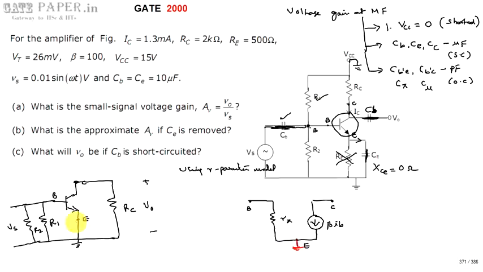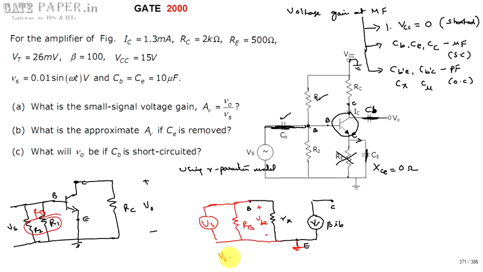Next, the base is connected with R1 and R2, they are in parallel, so I am taking the parallel resistance as RB. This is RB and the base is directly connected with Vs. If you observe, this is VBE, the voltage from base to emitter.